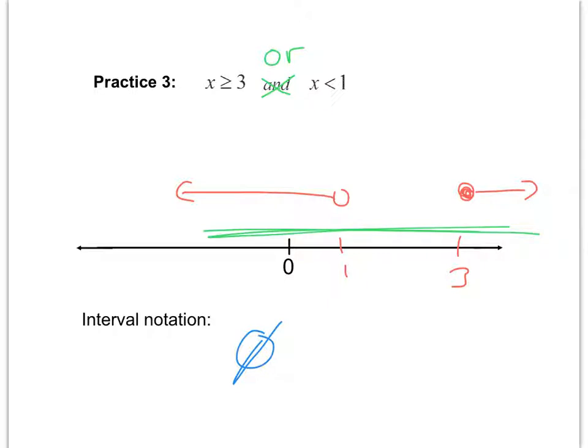So basically what we can say here is that x can be less than 1, so we have from negative infinity up to 1, union, x goes from 3 up to positive infinity. So my answer in interval notation, if this had been or, would look like this down here in green.